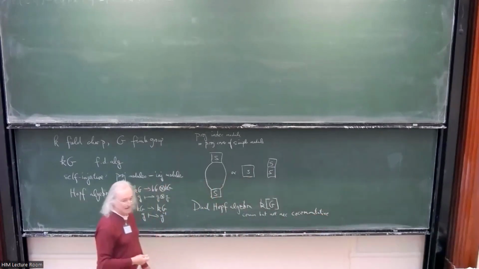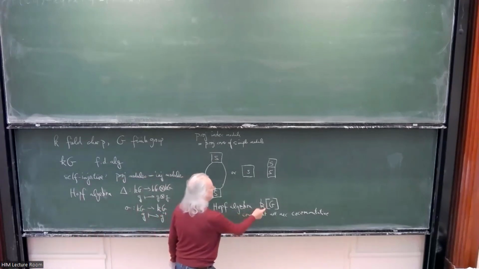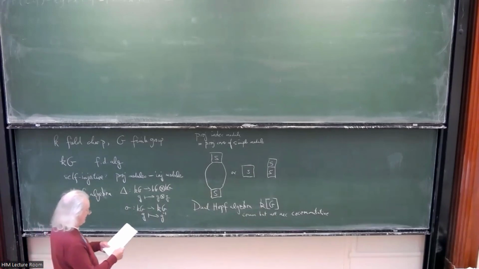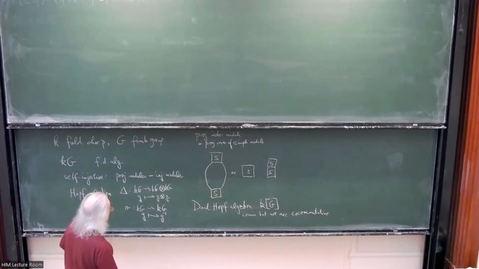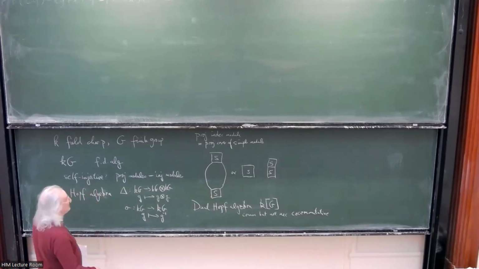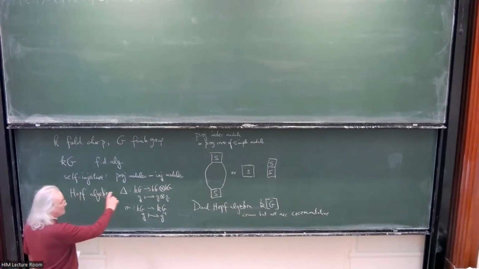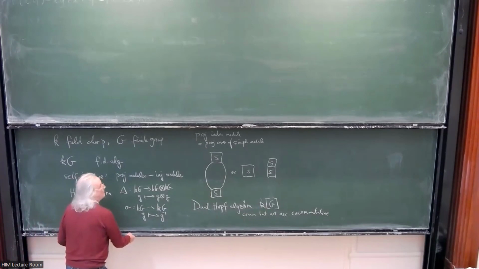So you might like to think of co-modules over this one. And that's all I'll say for now about the structure of the group algebra. But these properties will actually come back to haunt us.